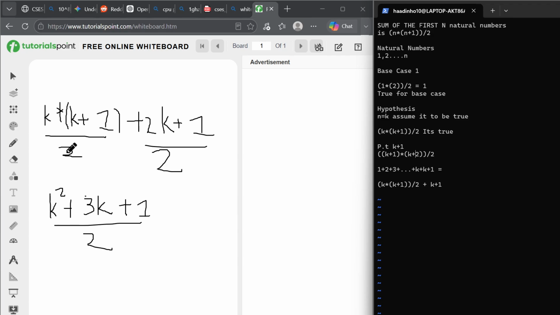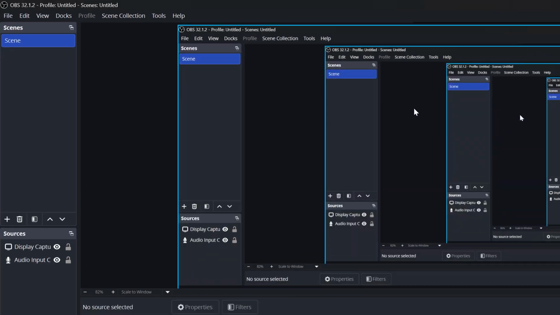So can we try to expand this thing? Let's take the term over here. This is equal to k square plus 3k plus 2, all divided by 2. And what is the term which we had to prove? I just want to check if it's visible or not.